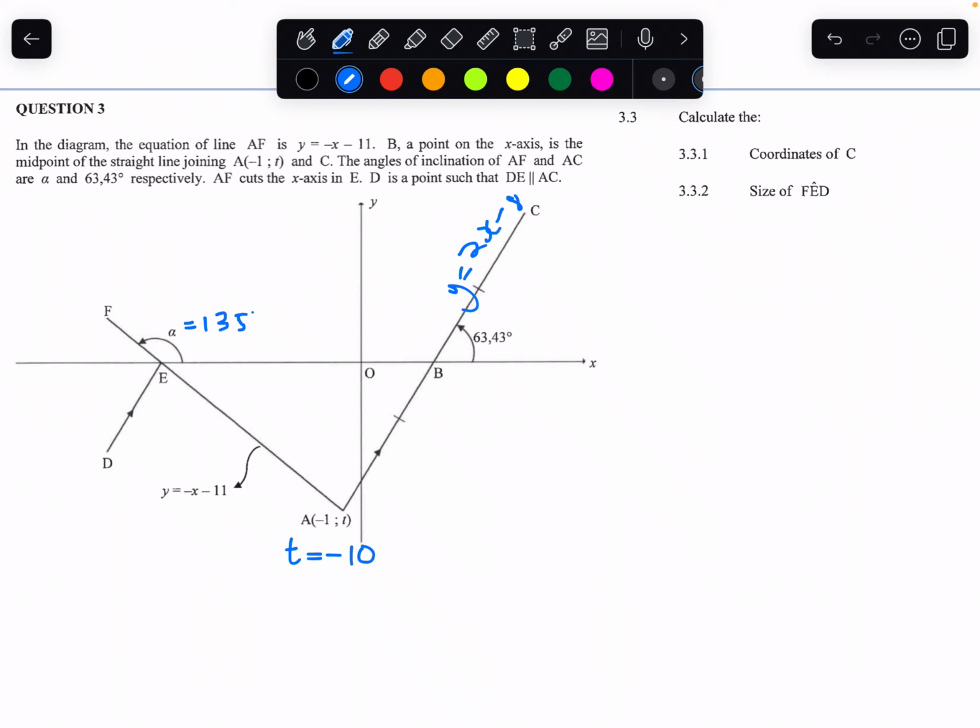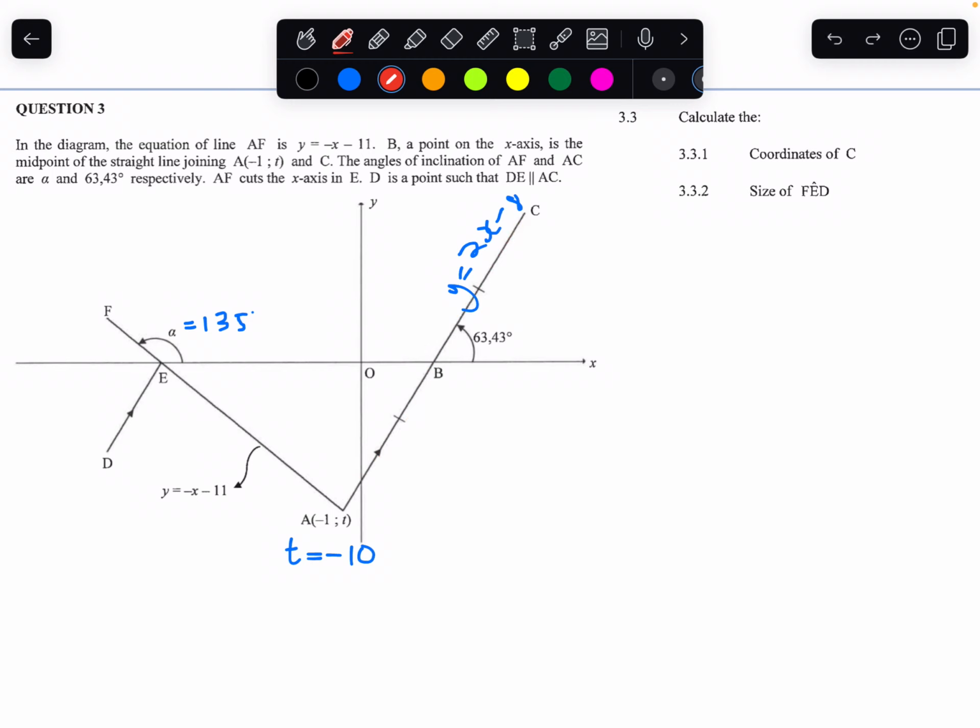Okay, so I think there's a couple of ways of doing that. What immediately comes to mind for me is, because we know that AB is equal to BC, and because they share gradient, it's a straight line, so AB and BC both have the same gradient.